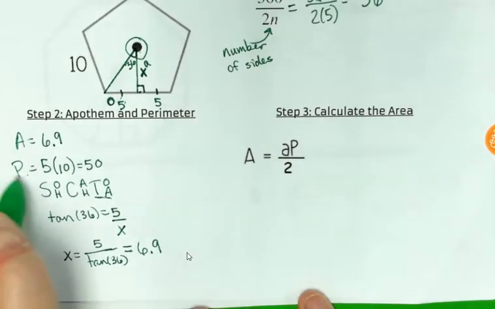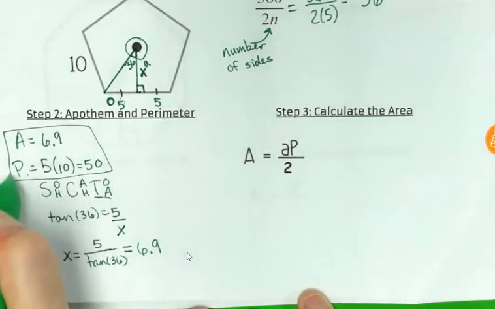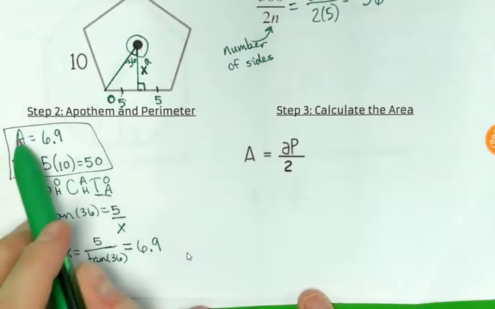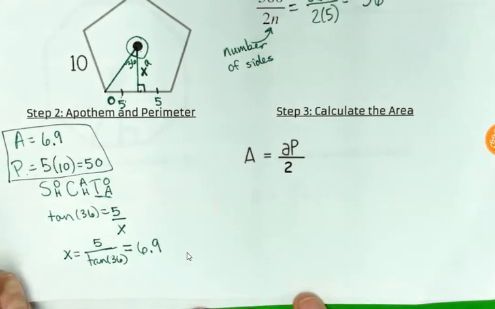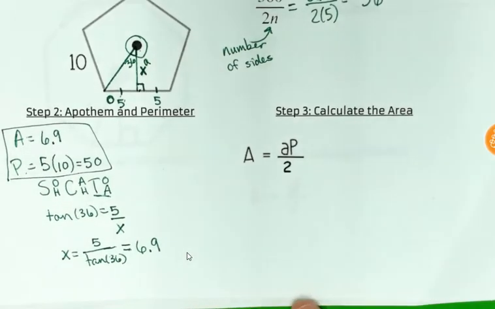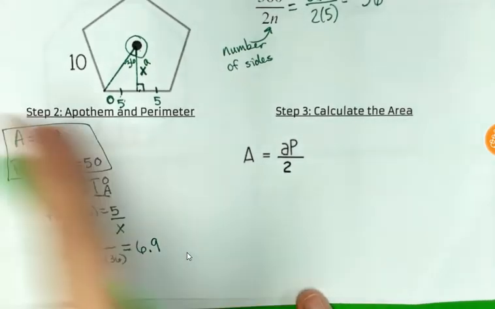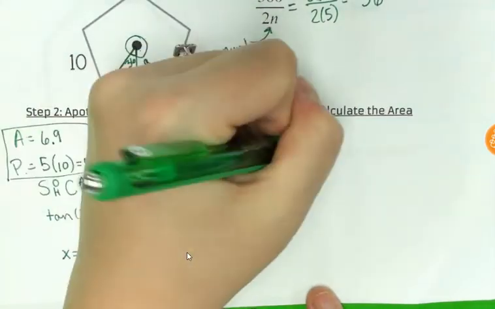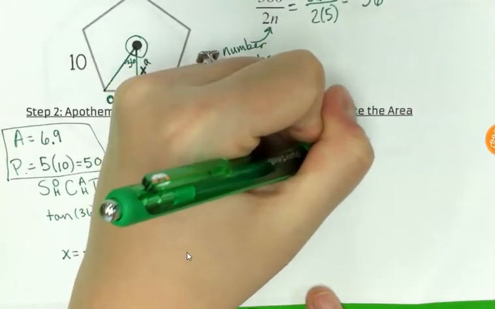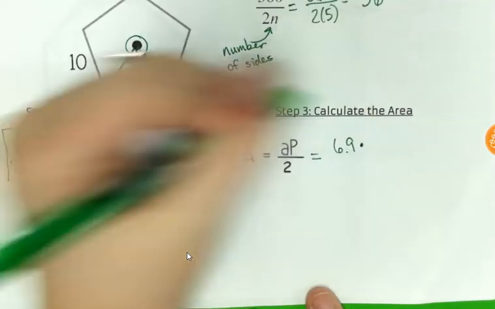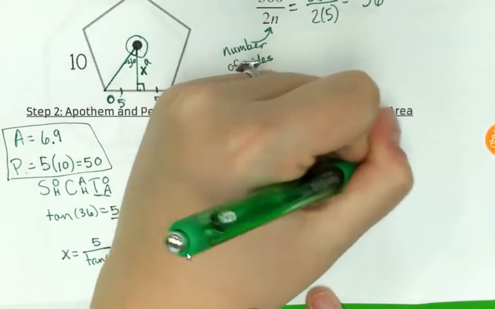And now we have done this step. We've solved for the apothem and the perimeter. We're on to the last step. We just calculate the area. So we just plug these 2 numbers in. So our apothem is 6.9. And then our perimeter is 50.